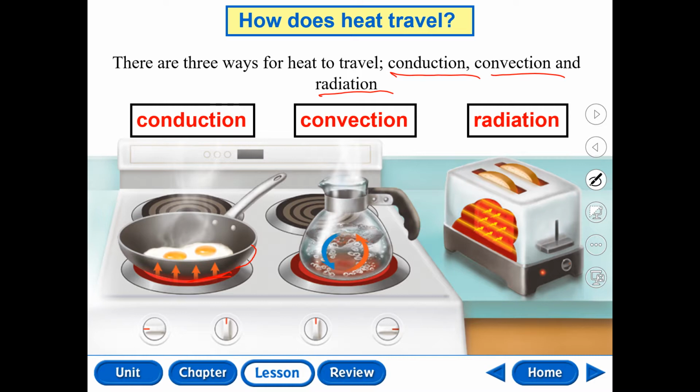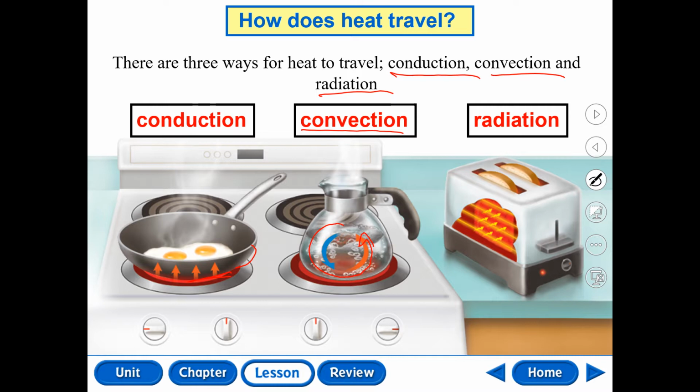It's called conduction. Convection: when you heat a teapot, the water particles inside change state from liquid to gas. When it starts changing state from liquid to gas, it is called convection.